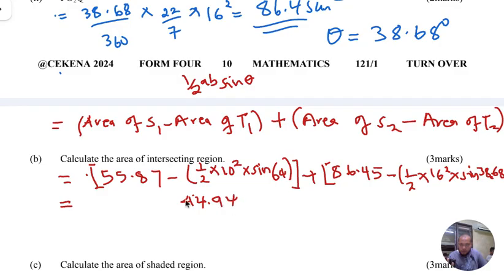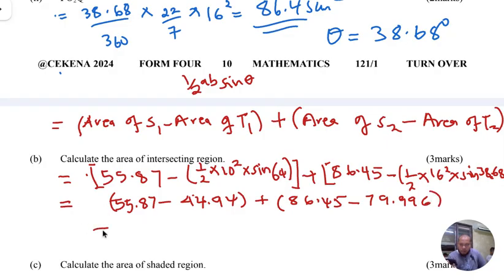44.94, then subtract that from 55.87, then plus 86.45 minus a half times 16 squared times sin of that angle 38.68, which gives 79.996.